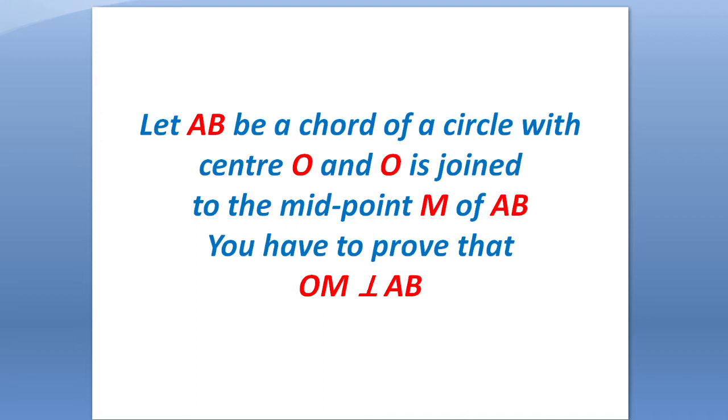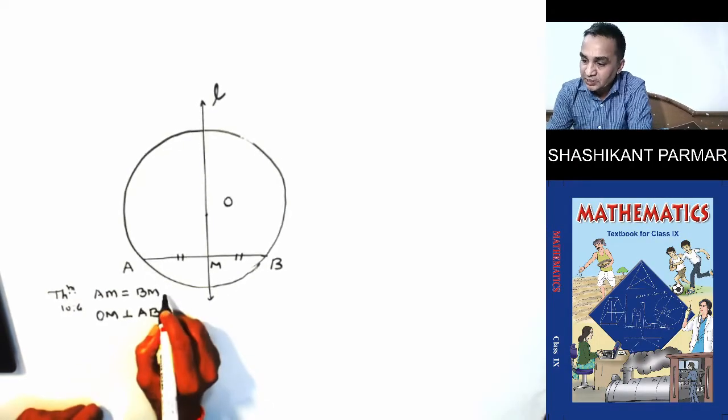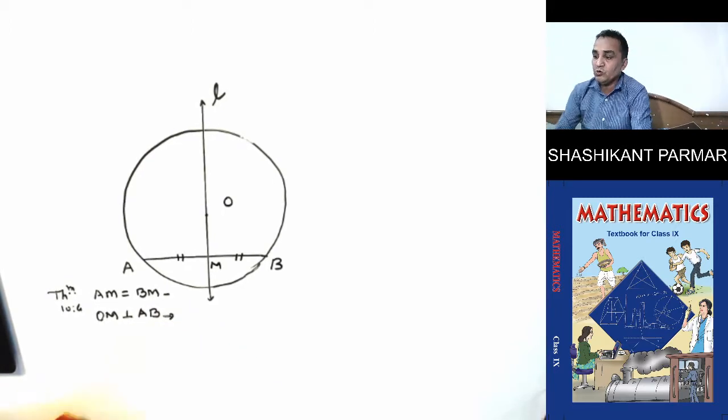Let AB be a chord of a circle with center O, and O is joined to the midpoint M of AB. You have to prove that OM is perpendicular to AB. So this is given and you have to prove this.